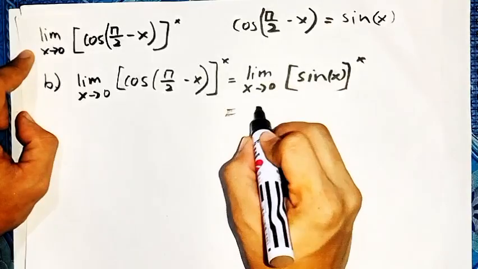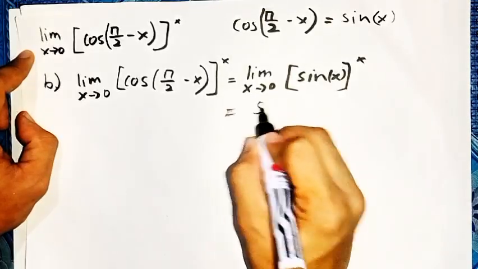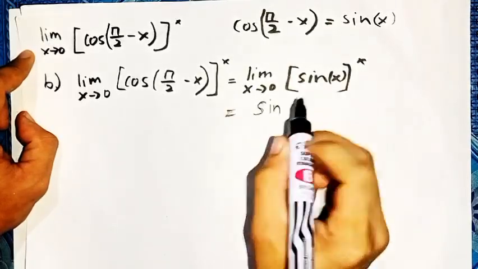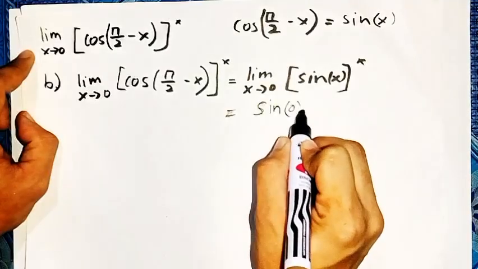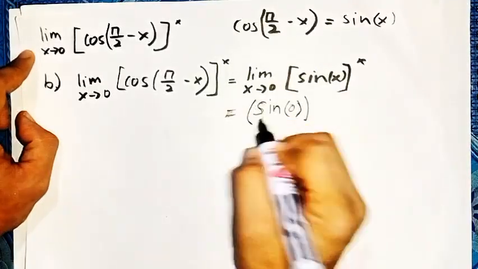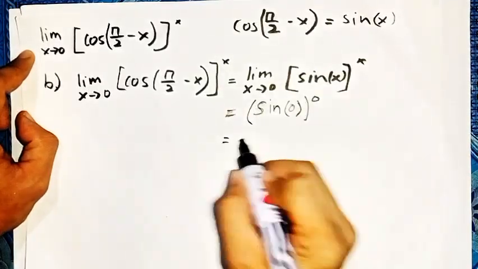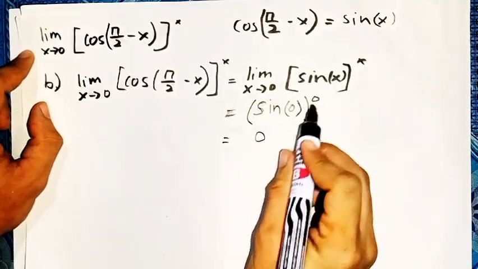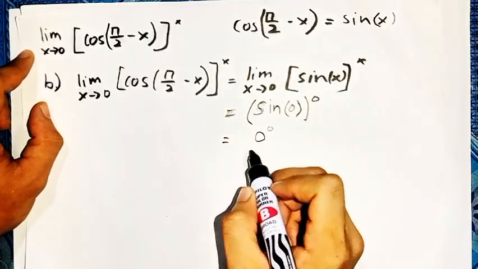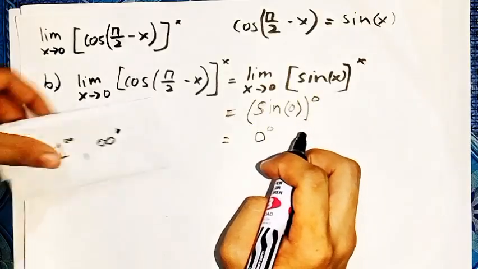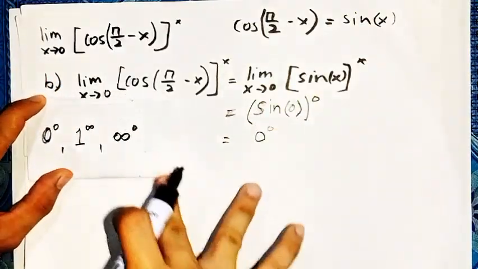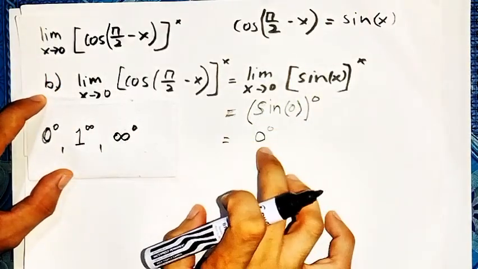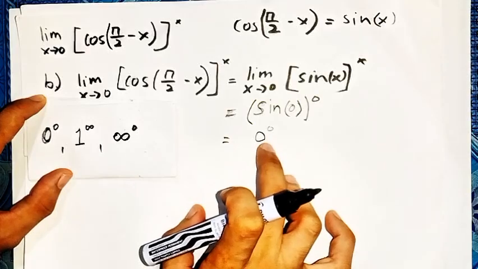So sine 0 to the power of 0. Now, sine 0 is 0, right? And to the power of 0. Again, this is the other type of indeterminate form.